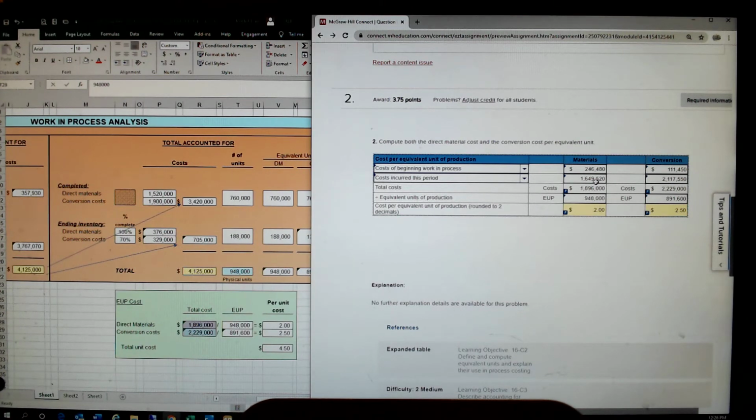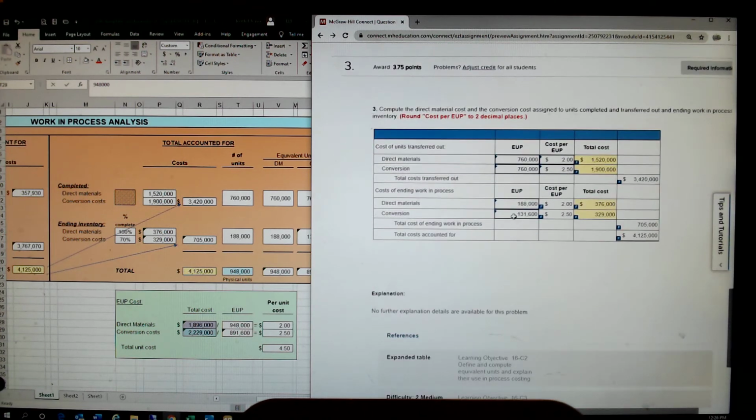That's what they did. They just did it vertically. And they did the conversion cost vertically. I did it horizontally. I don't think it's a bad thing to look at it a couple different ways, because that's the way you're going to understand it.